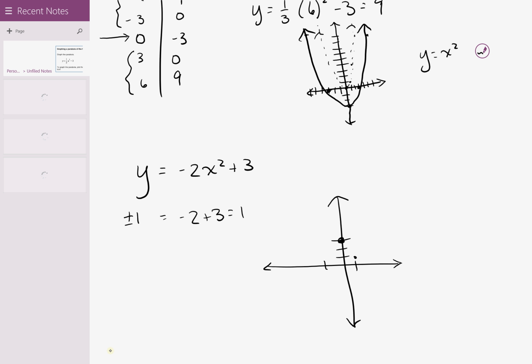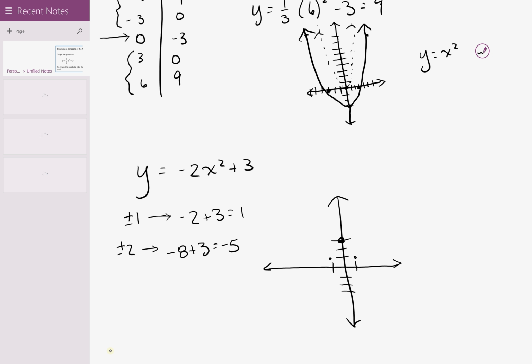So this point right here, well, that's a horrible drawing. Let me see. This point right here. And if I put in plus or minus 2 for x, I get -8 plus 3 is -5.